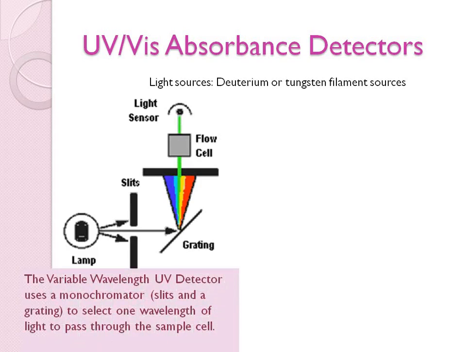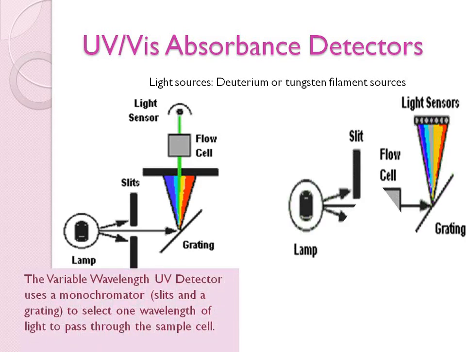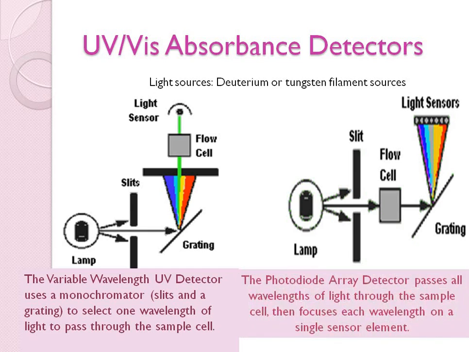Now here we are able to see two different diagrams. One is the variable wavelength detector, and another diagram is of the photodiode array detector. So what is the difference between the normal UV detector and the photodiode array detector?